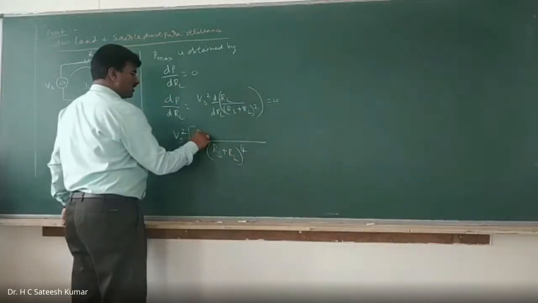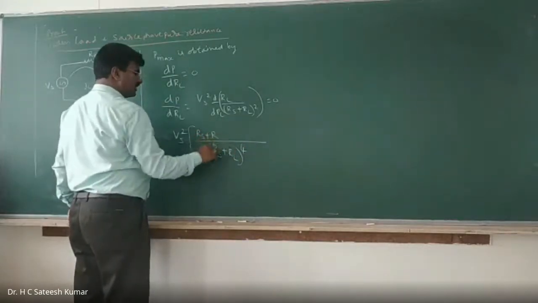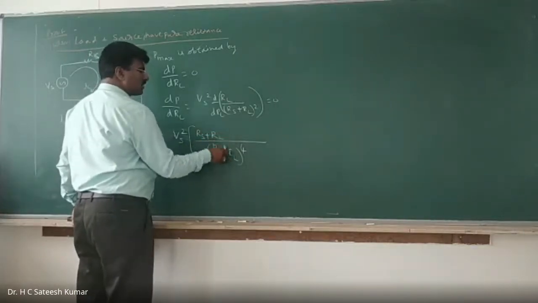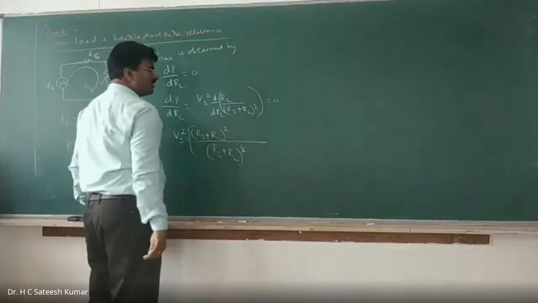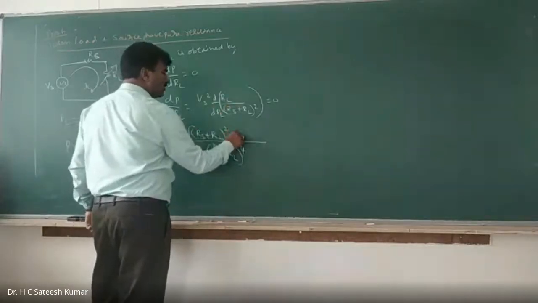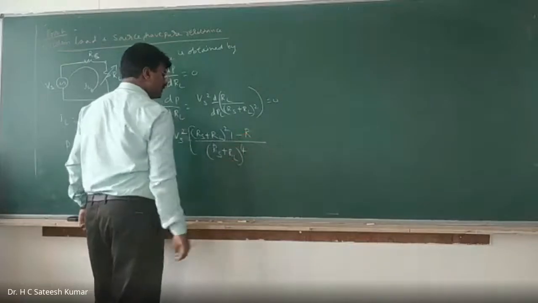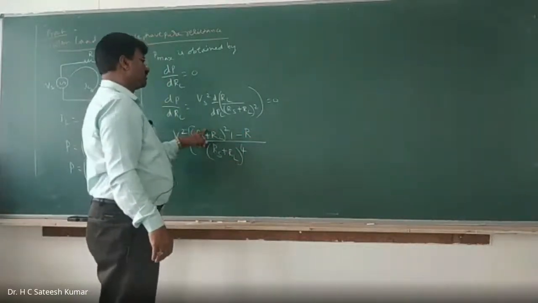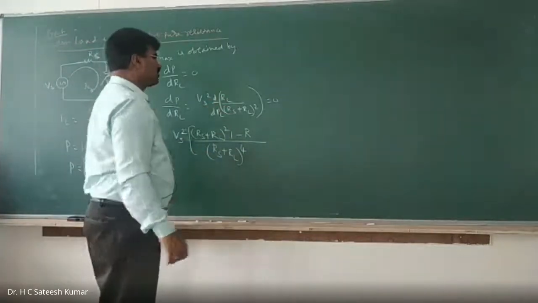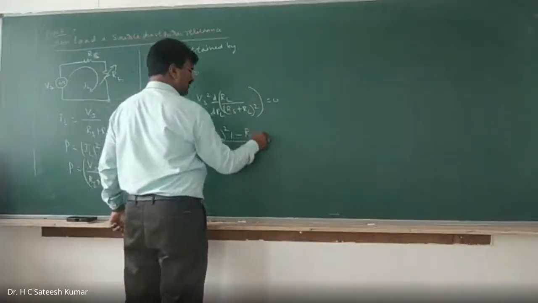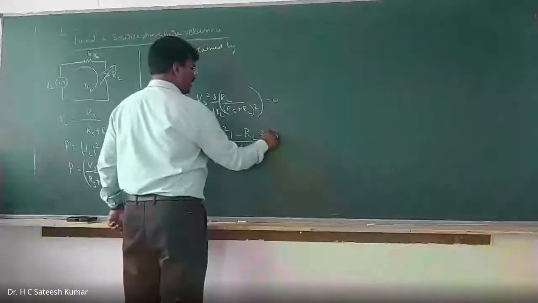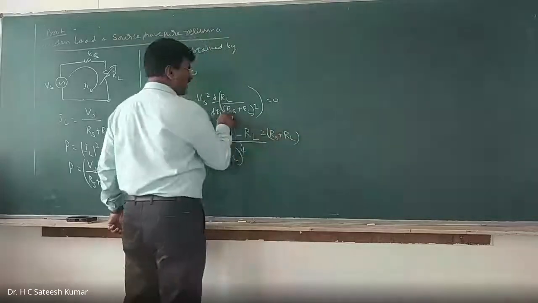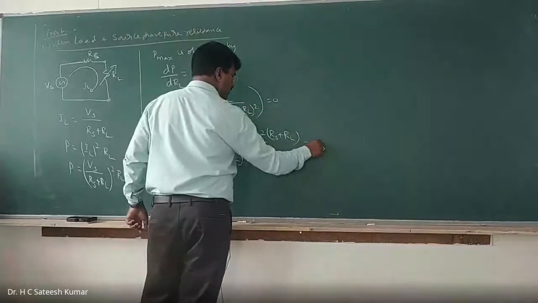Denominator Rs plus RL, differentiating it. Denominator into d by dx of numerator minus numerator into d by dx of denominator: 2 into (Rs plus RL) into differentiation of Rs, which is 0, and RL, which is 1, should be equal to 0.